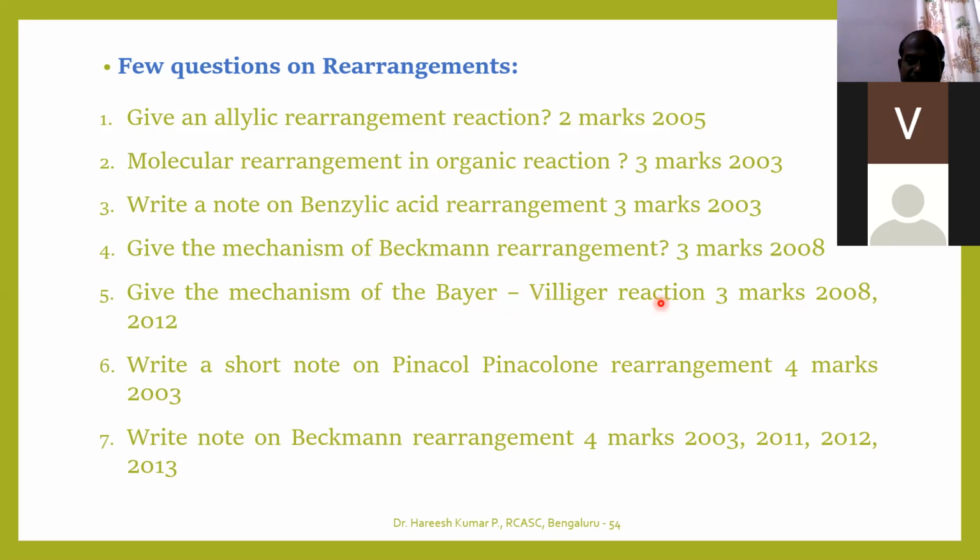But you need to remember that Baeyer-Villiger oxidation is nothing but a conversion of ketone into ester. That's what you need to remember. And if there is a reagent called peracid, that is Baeyer-Villiger oxidation only.